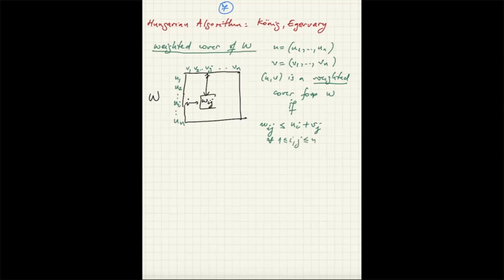So the entry Wij is at most the sum of the entry in the row, ui, and the entry in the column, vj. Okay, maybe it's not clear what the purpose of it is, but here's the following proposition.